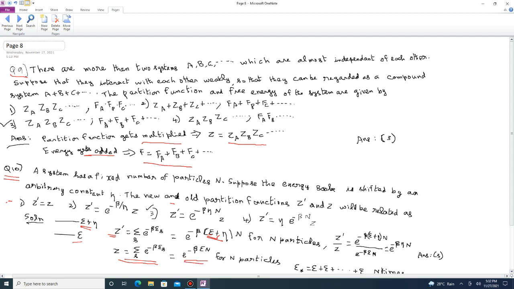Now Z prime by Z can be calculated: e power minus beta (E plus eta) times n divided by e power minus beta E times n. By simplifying, you will get the expression e power minus beta eta times n. So option 3 is the correct one.